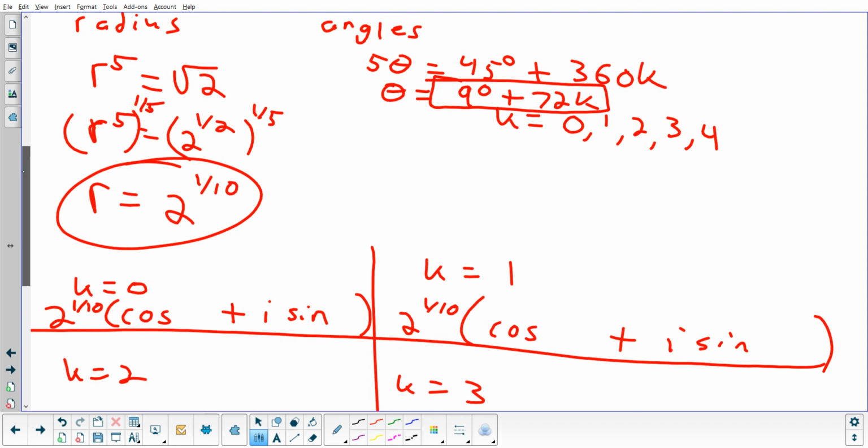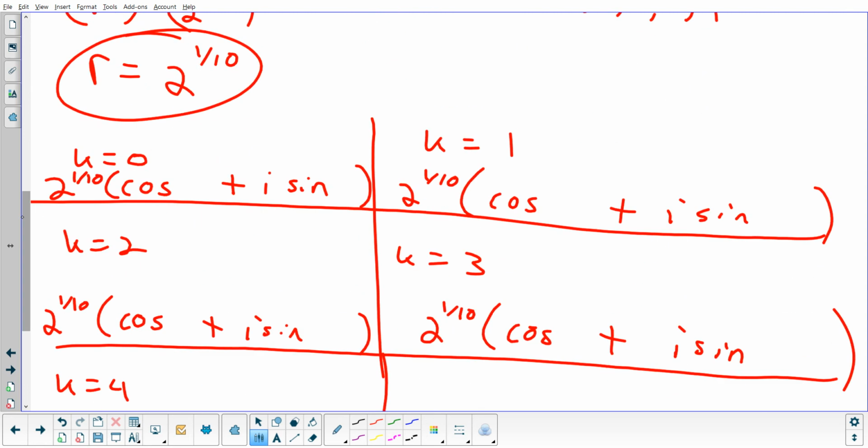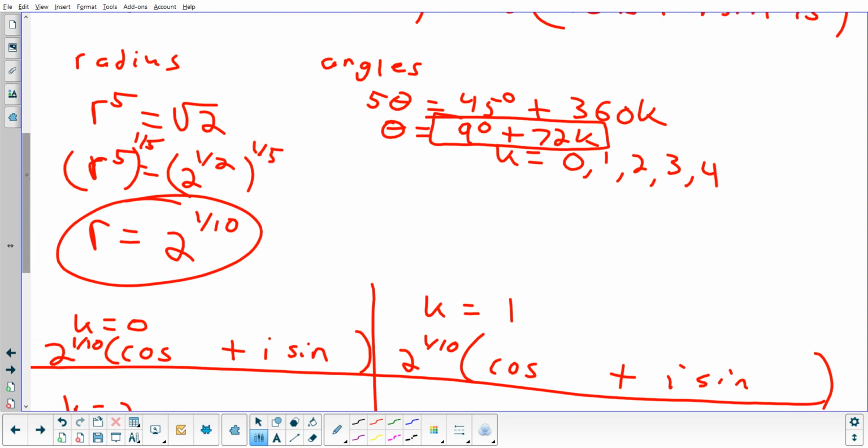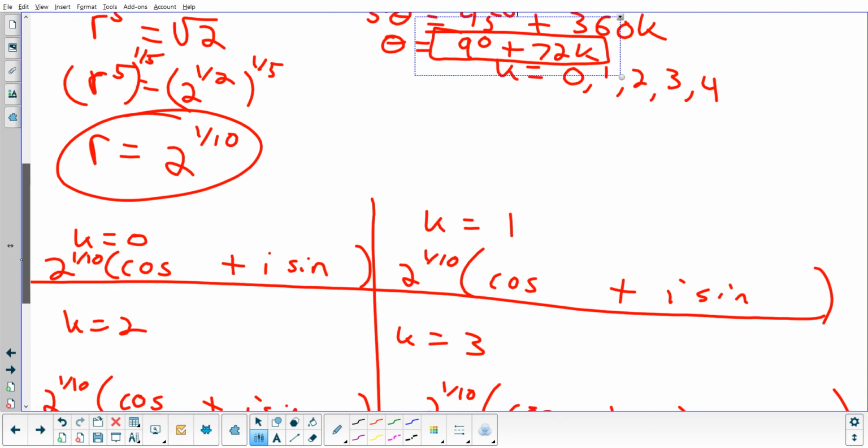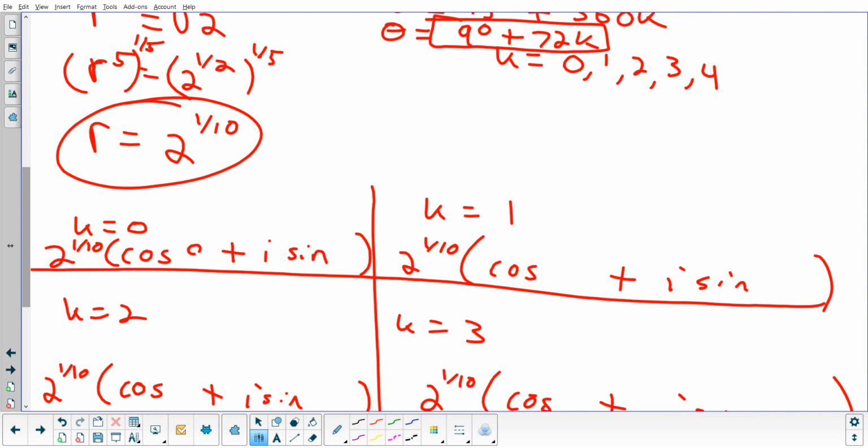Now we're going to fill in all the angles. So remember, k equals 0 through 4. Start with 0. What's 72 times 0 plus 9? 9. All right. What's 72 times 1 plus 9? 81. And now all you're doing each time is adding another 72 to the answer.